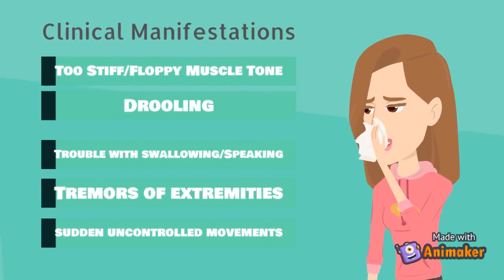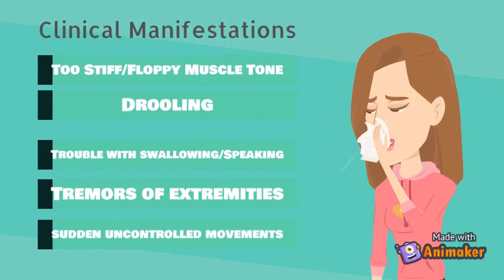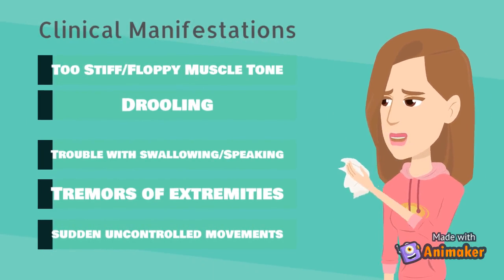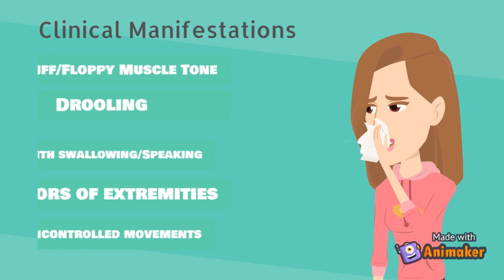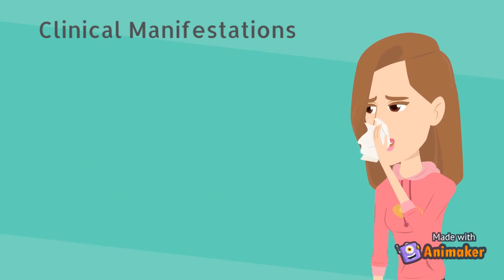There's also muscle tone that is either too stiff or too floppy, drooling, trouble with swallowing or speaking, shaking or tremors of the arms, legs, hands, or feet, or sudden uncontrolled movements.